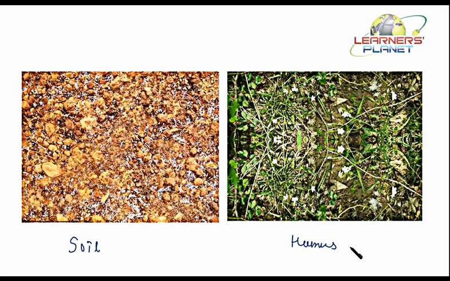As we know, a layer of dead and decaying plant and animal remains is called humus, and you can see very clearly in this picture that there are many decayed plant and animal remains. So this is humus and this is soil, which is composed of many particles and humus too.